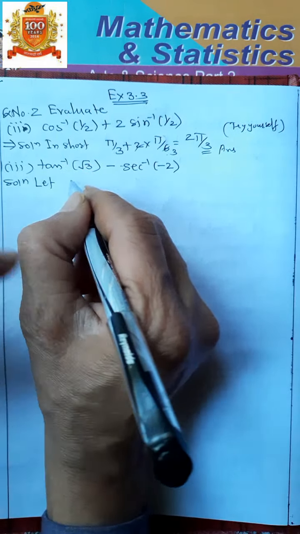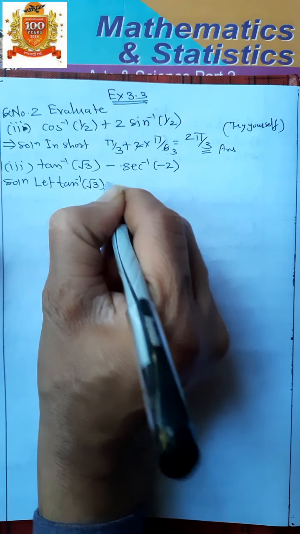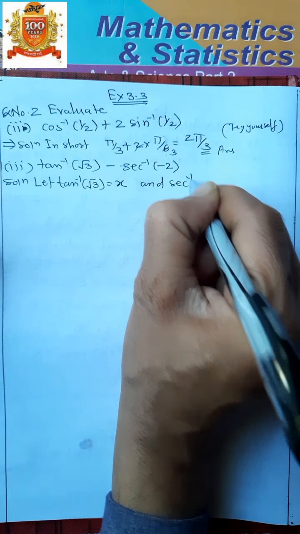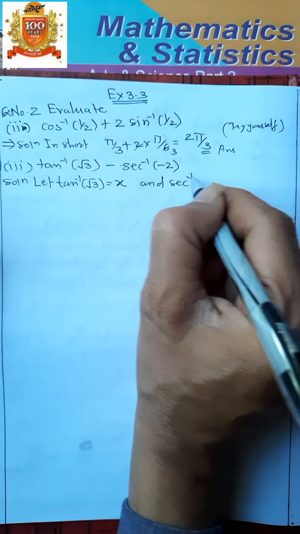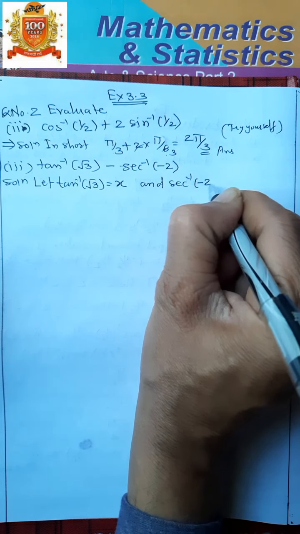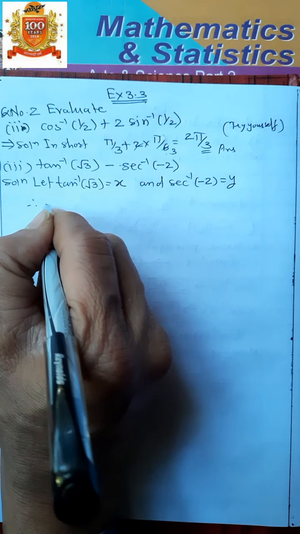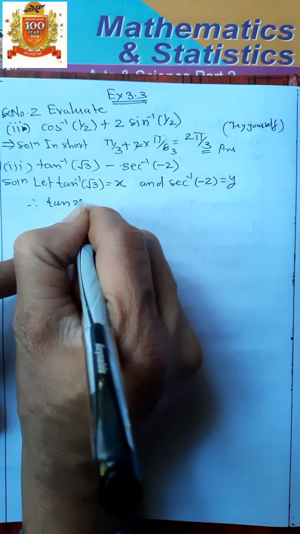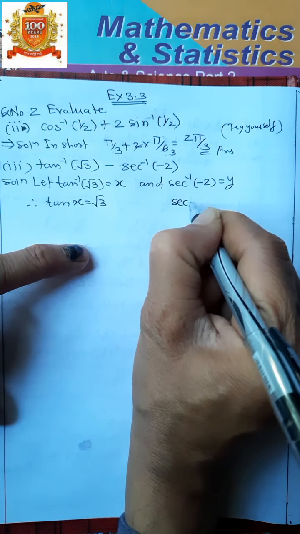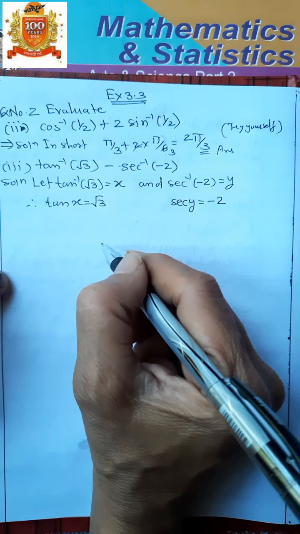Let tan inverse of root 3 be equal to x and sec inverse of minus 2 be equal to y. Therefore, tan x is equal to root 3 and sec y is equal to minus 2. Isn't it?